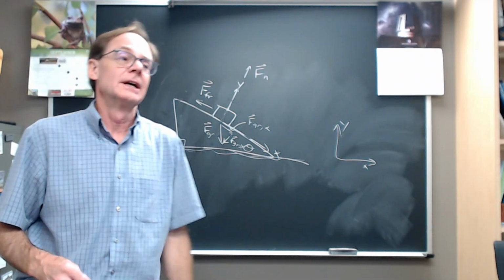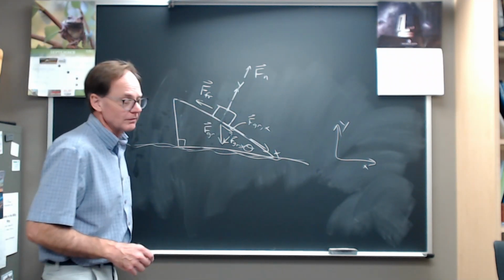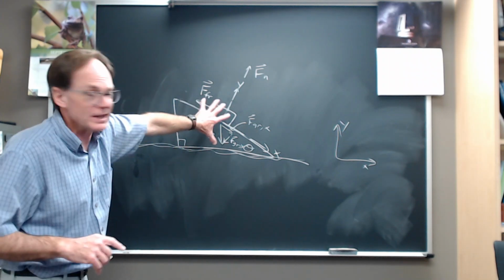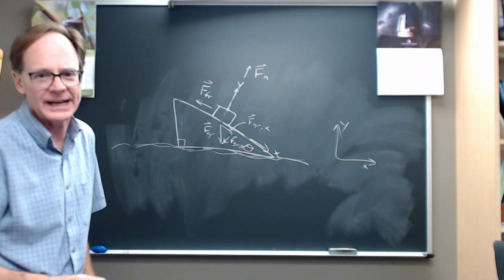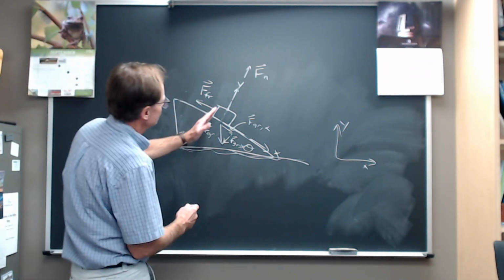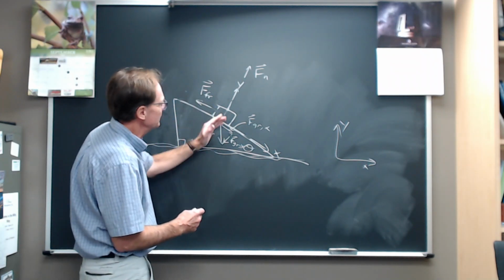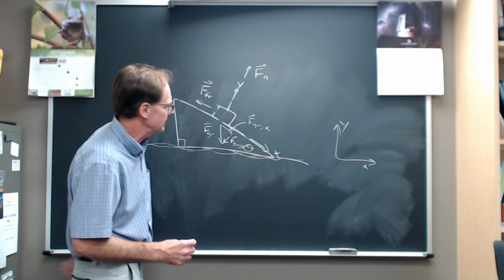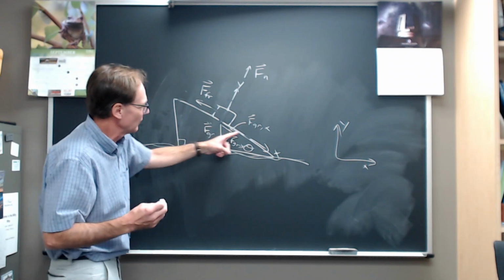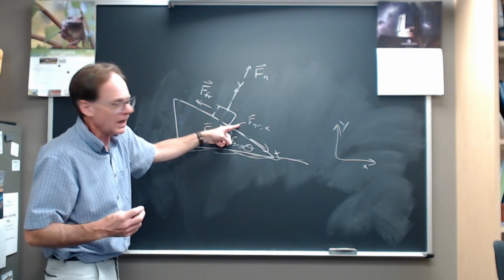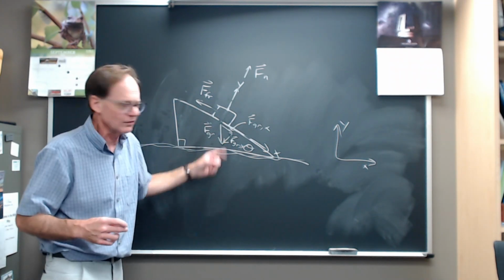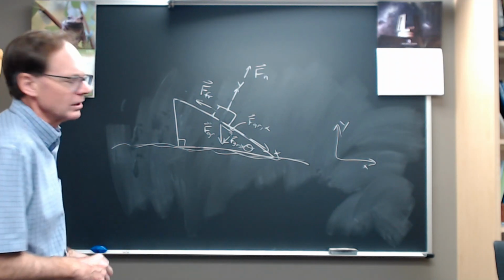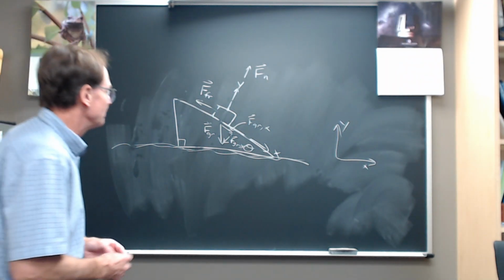It's not even just not accelerating, it's not moving at all in this case. So anyway, that's what we got. That's a great way to set this thing up. We can identify the direction of the frictional force along the surface, identify the normal force perpendicular to the surface, and the gravitational force, with the gravitational force in the x direction and the gravitational force in the y direction, and all of this works pretty well.